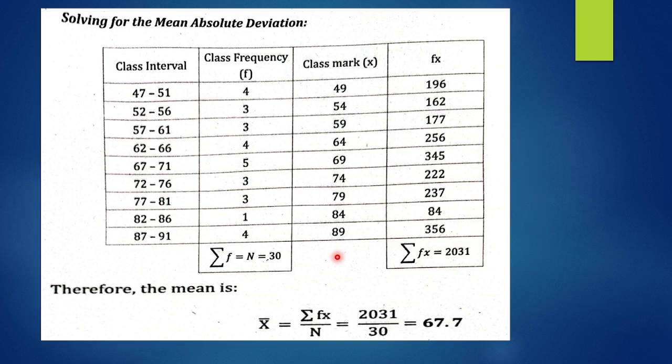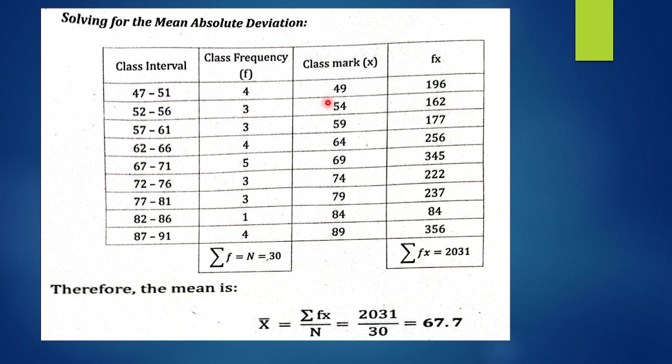Okay, the quartile deviation is 10. Now let's proceed to the MAD, the mean absolute deviation. Solving for the mean absolute deviation is just the same pattern, what we did earlier, but we add more columns. Instead of stopping at the less than cumulative frequency, we add the class mark and fx.